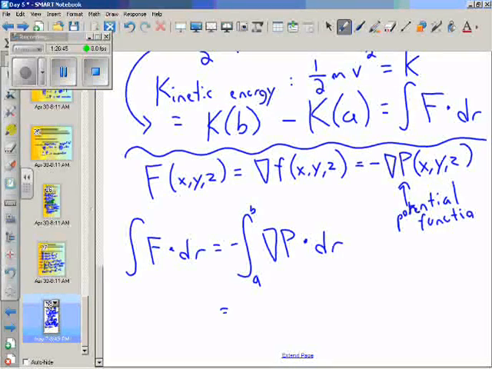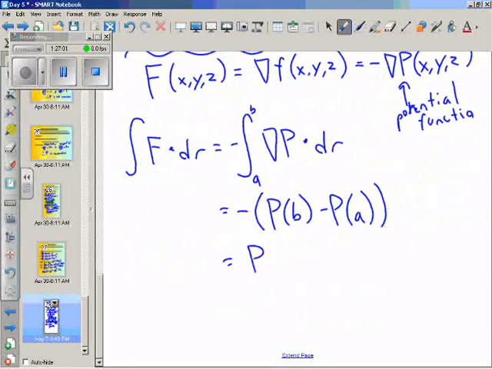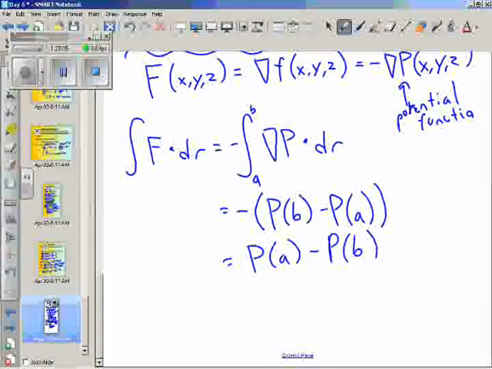But we know, because this is a gradient, we can apply the fundamental theorem of line integrals one more time. And we're going to have negative P of b minus P of a, which is going to equal P of a minus P of b.